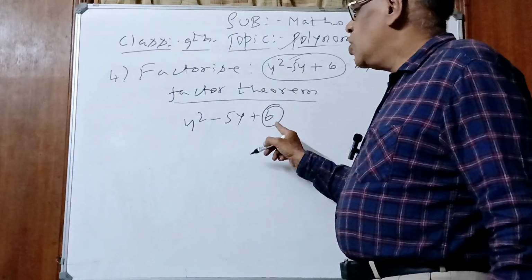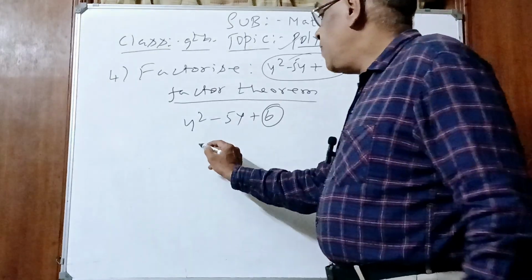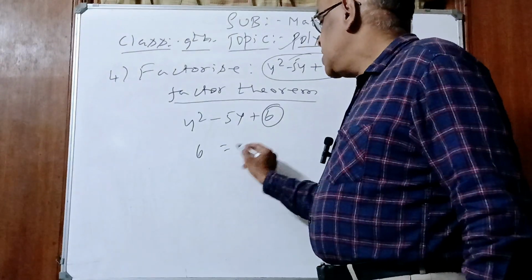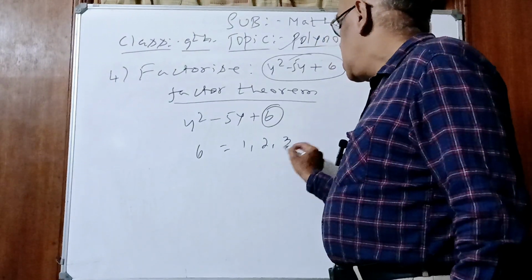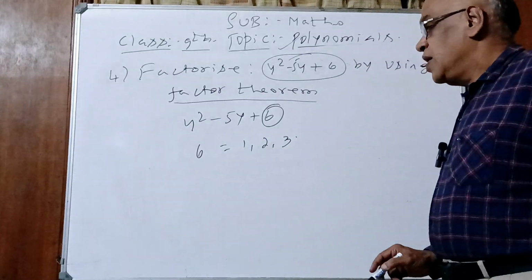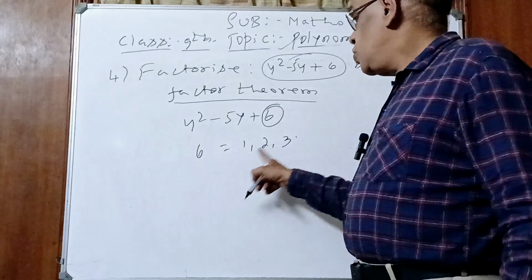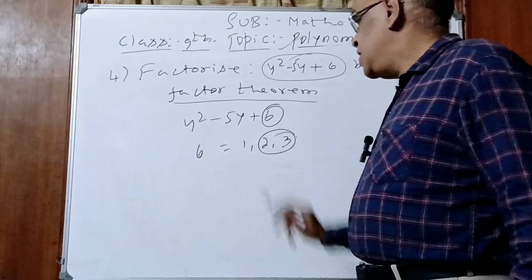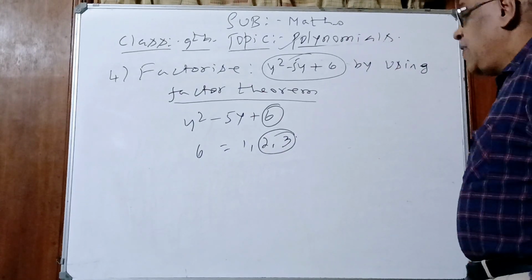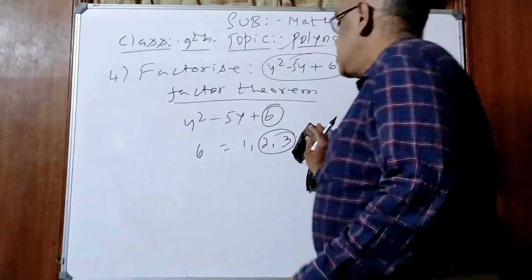Now come to the constant term 6. What are the factors of 6? Factors of 6 are 1, 2, 3. Now 1 is a factor of every number we know. 2 and 3 are factors of 6. Yes or no, children?